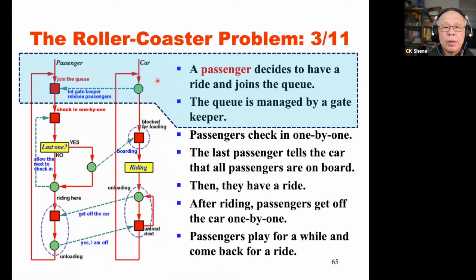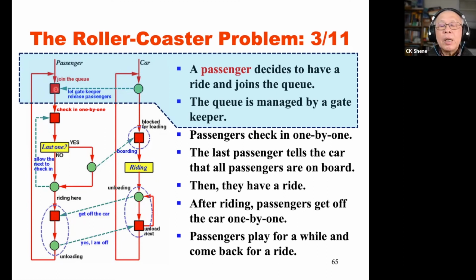On the other hand, when the car is ready for the next batch of passengers, the car must tell the passenger so that they could start boarding. So let's assume that we have a gatekeeper here.